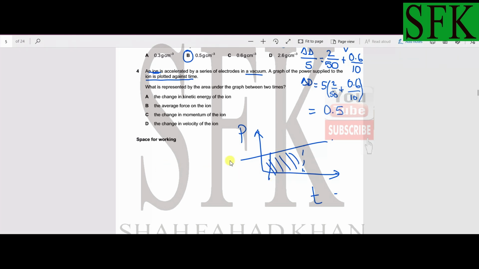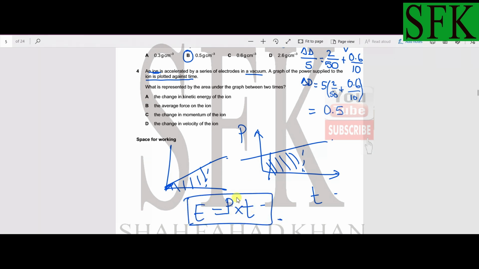The area under the graph would actually be, let's assume, a triangle. So it's actually the product of power and time. What is equal to the product of power and time? Isn't it the energy? It's energy, right? The product of power and time is energy. This is the result that you get for a rectangle.